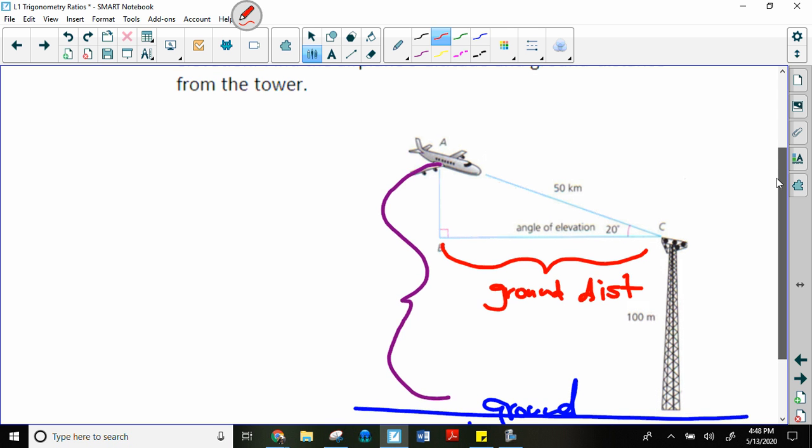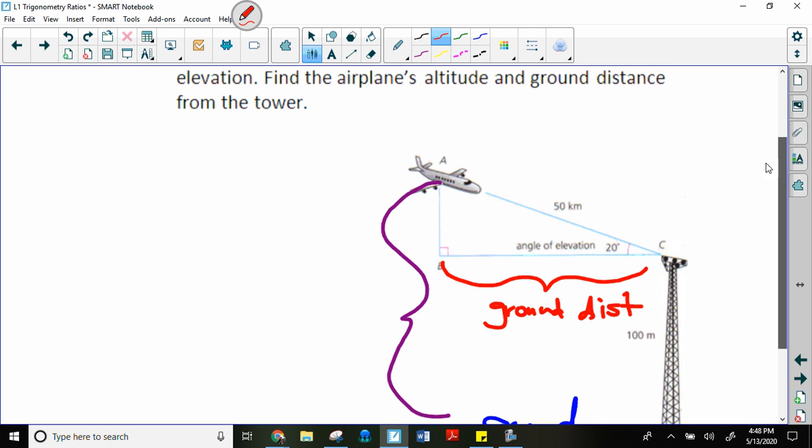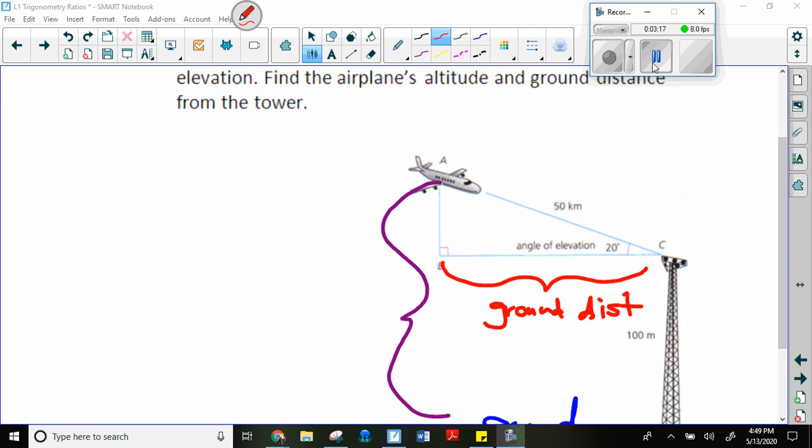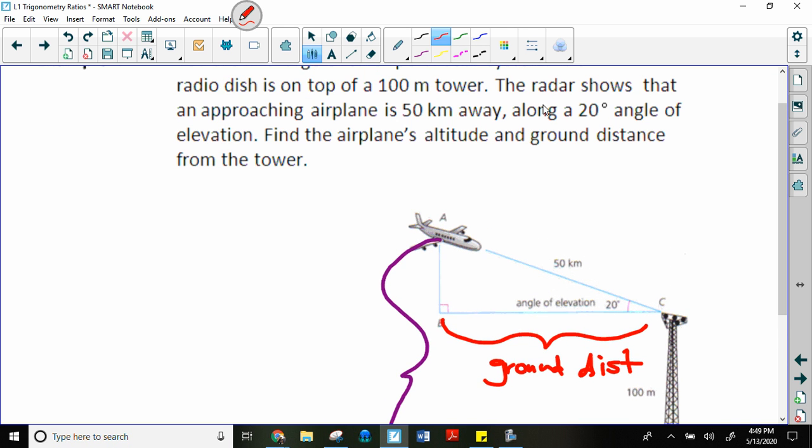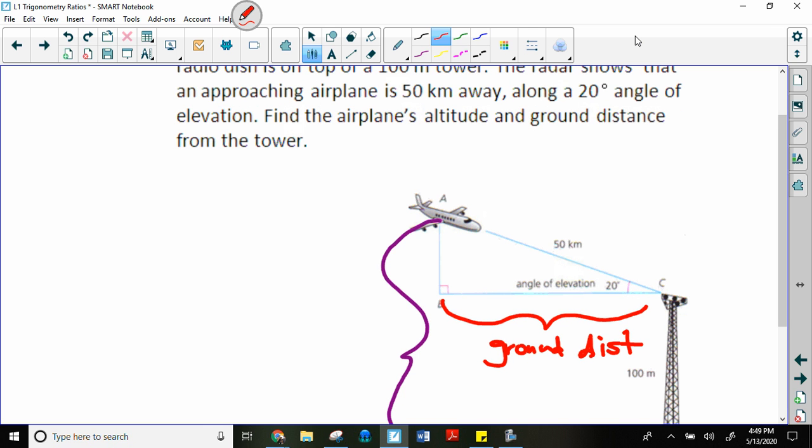Identify the sides that you want to solve for. The first thing that I saw was find the airplane's altitude. So I'm going to do purple first. Give an angle.